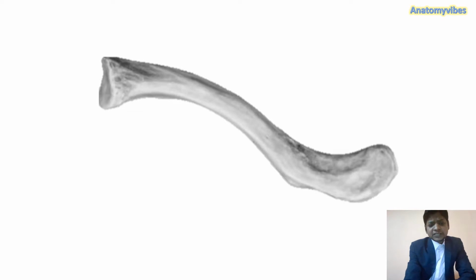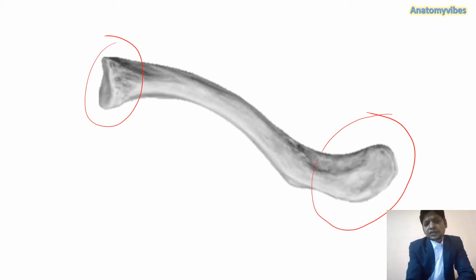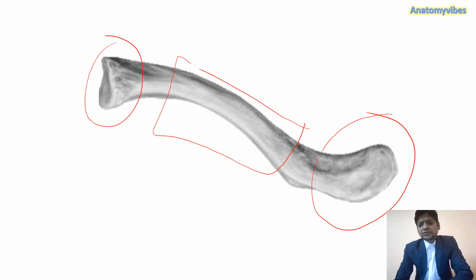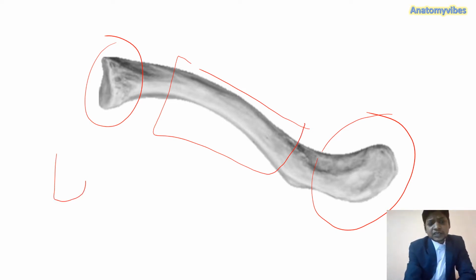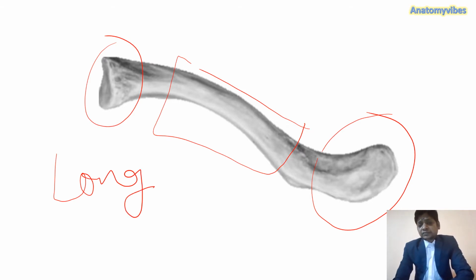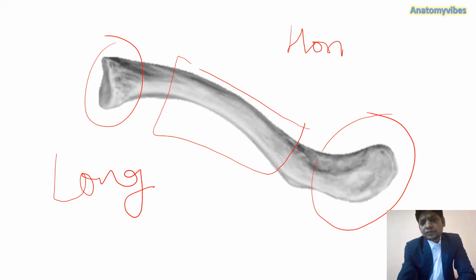Here you can see the bone, clavicle. As you can see, it has two ends and an intervening shaft. So two ends with a shaft. So this is a long bone. But this long bone is different from other long bones as it is placed horizontally in the body.